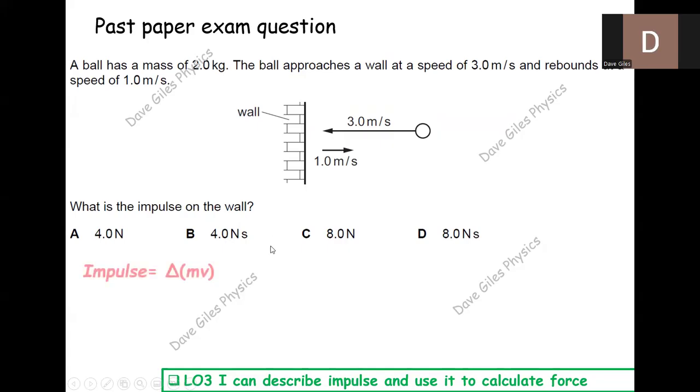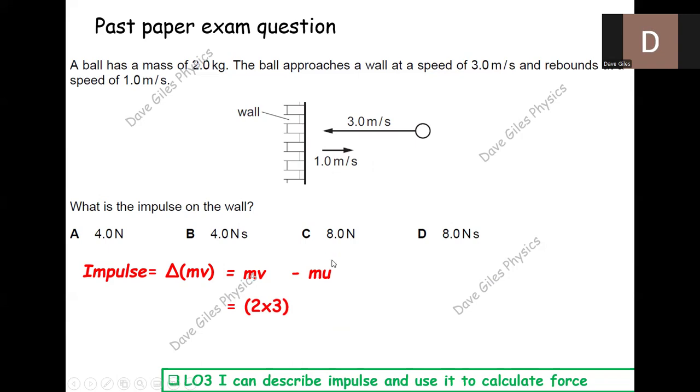So let's go through it. Impulse is change in momentum, so mv minus mu. I've actually done it the other way around in this working, but it doesn't really matter. It just means I'll get a negative answer instead of a positive.